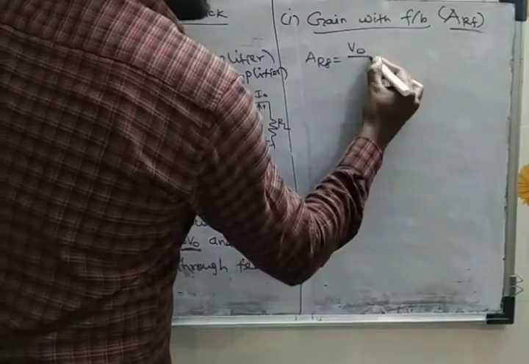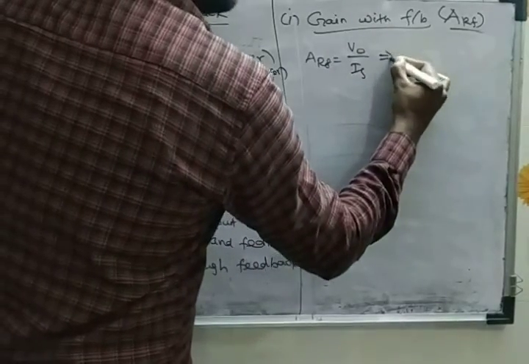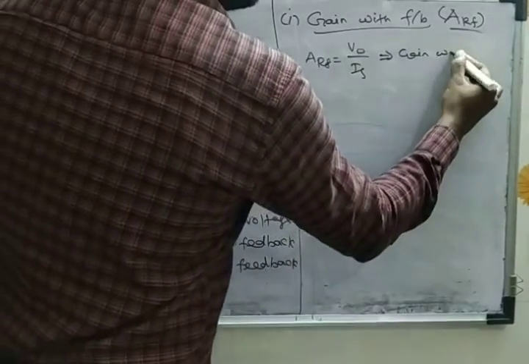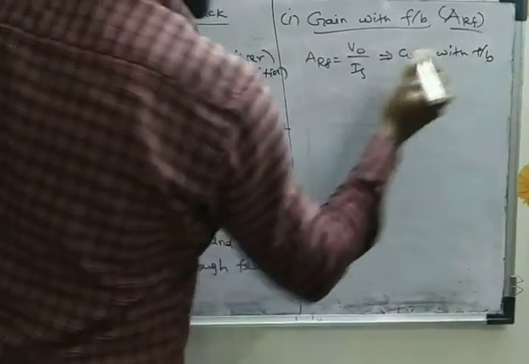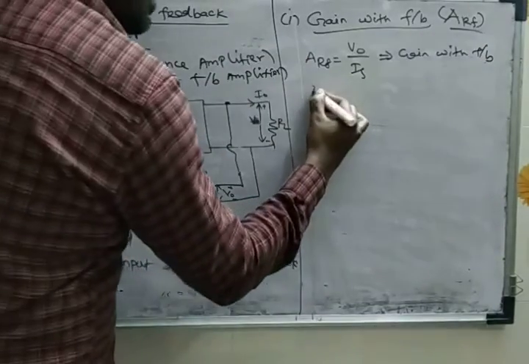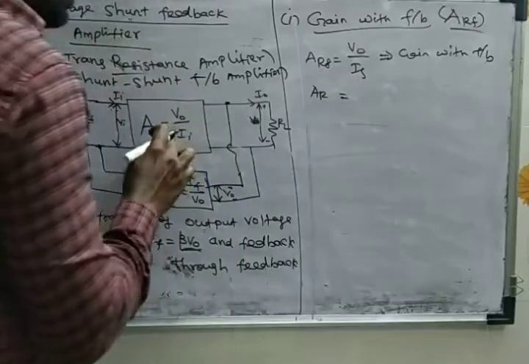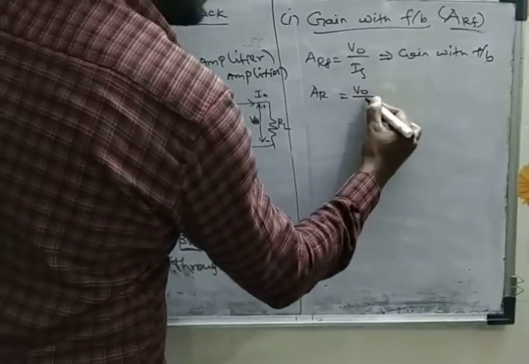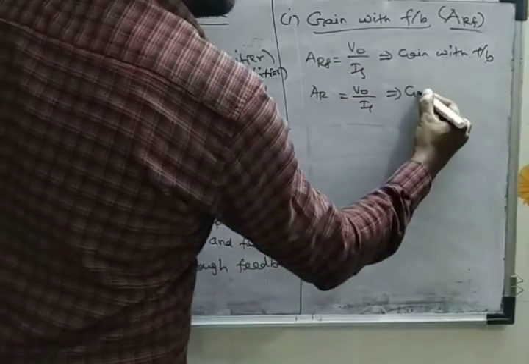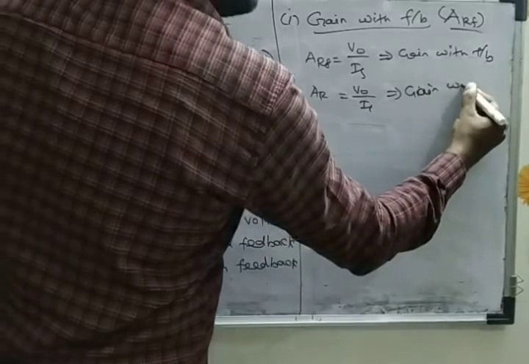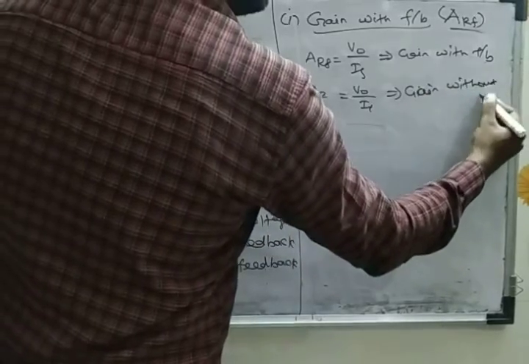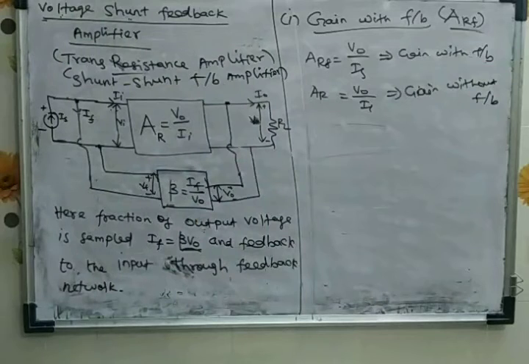So V naught by IS is the gain with feedback. Similarly, the amplifier gain alone is V naught by IA. So that is the gain without feedback.